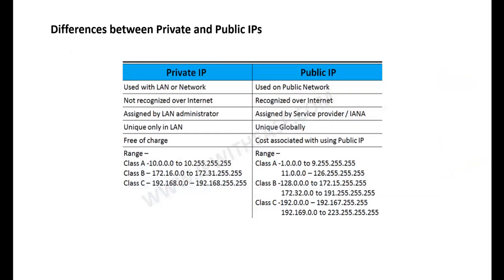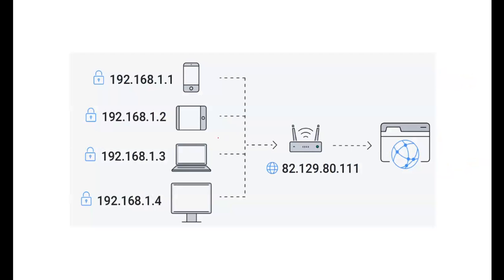Here is also a similar example, but in a different fashion. This is also a private IP, 192.168.0.0 to 192.168.255.255. So when you connect to a Wi-Fi network or any network, you will get a private IP address from that range.